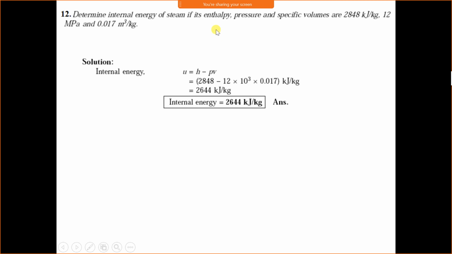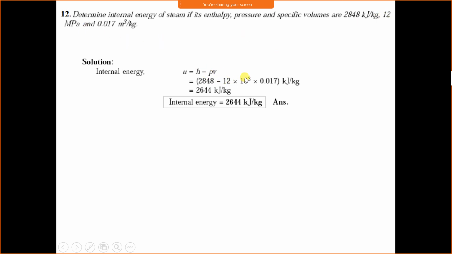The values of enthalpy, pressure and specific volume are given in this problem, and we have to determine the internal energy of steam. And we know that internal energy is equal to h minus pv. This is the formula. And h is given, 2848, minus p, 12 megapascal.